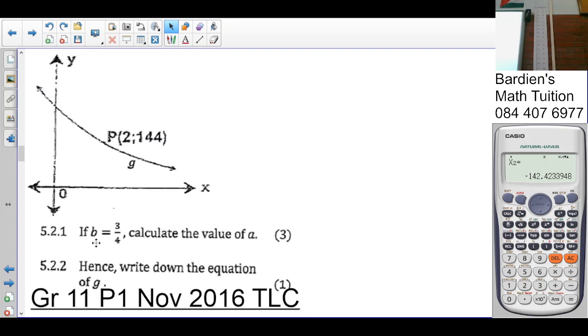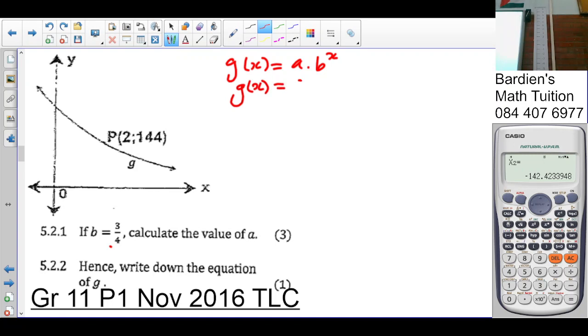Okay. So the question says you must calculate or prove that whatever. Here they say if b is equal to 3 over 4, calculate the value of a. So what is the equation of g of x? g of x is equal to a times b to the x. But they told you that b is 3 over 4. So the equation now reads g of x is equal to a times 3 over 4 to the x.